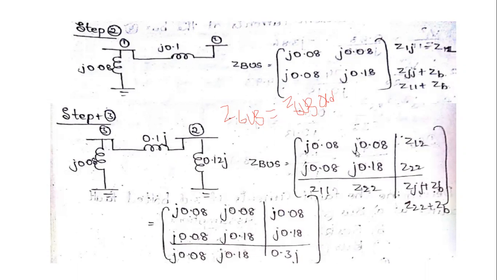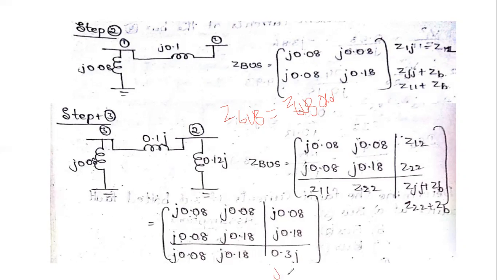Z12 is j0.08, Z22 is j0.18, and ZJJ plus ZBB, where ZJJ means Z22. What is the value for Z22? Z22 is equal to 0.